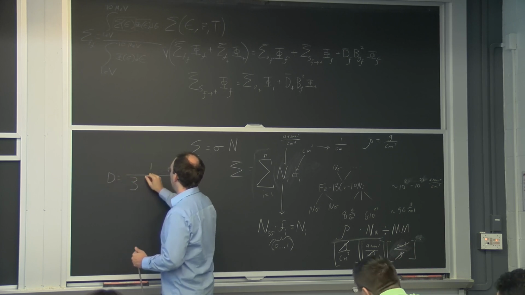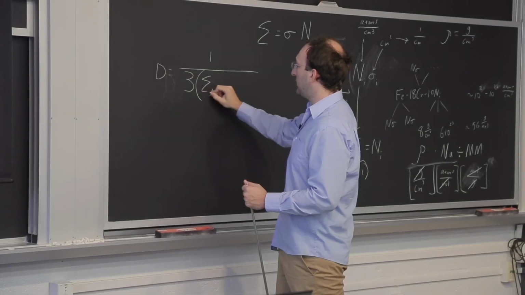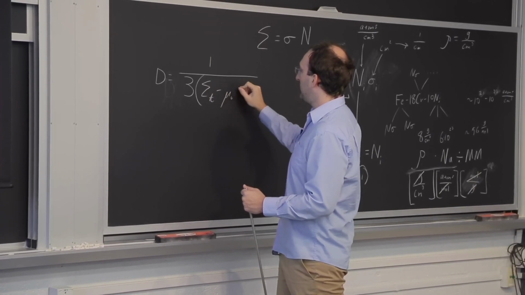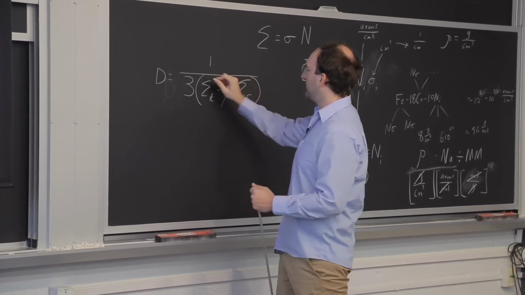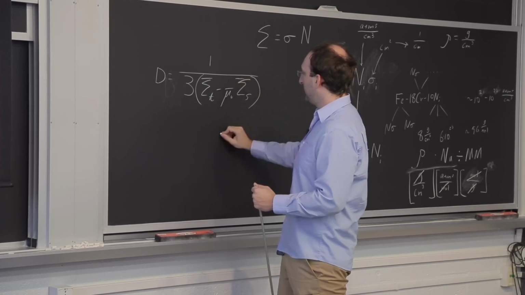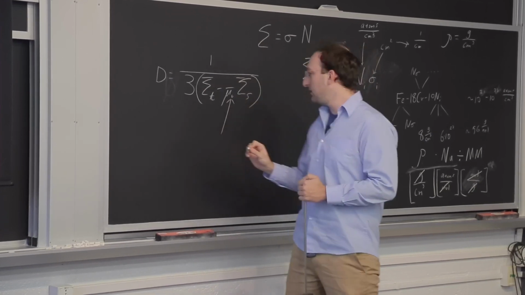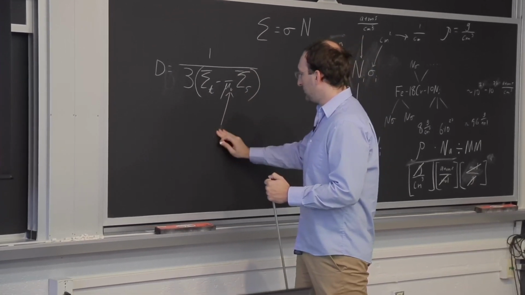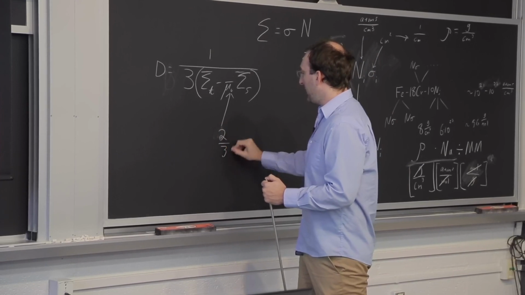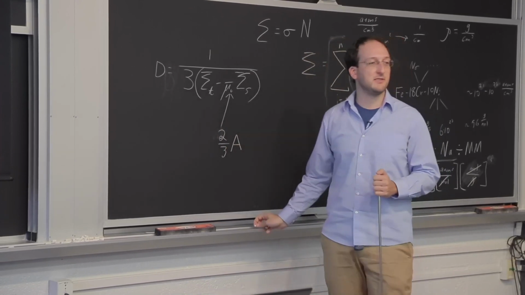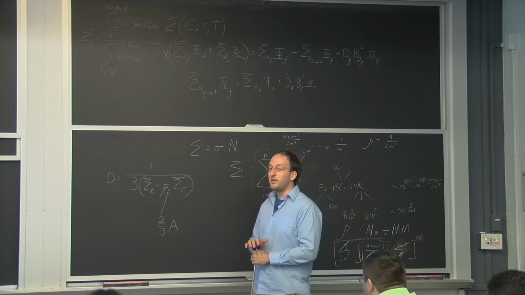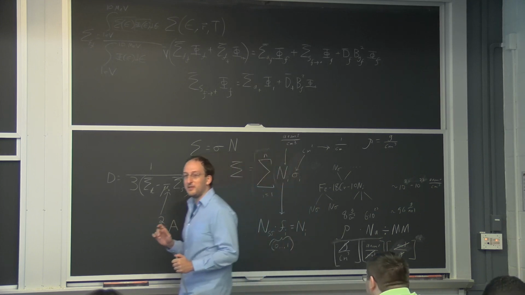The diffusion constant is 1 over 3 times the total cross-section minus mu naught scattering. Average, average, average. And this average cosine is about 2/3 times the atomic mass. So you can get these diffusion coefficients from tabulated data.